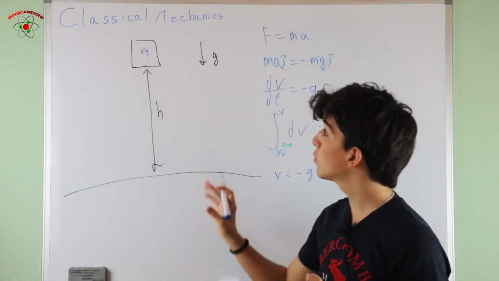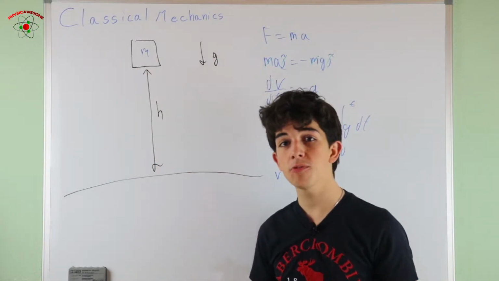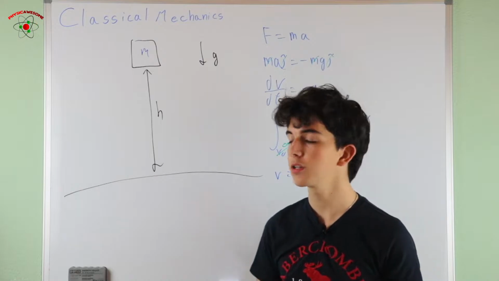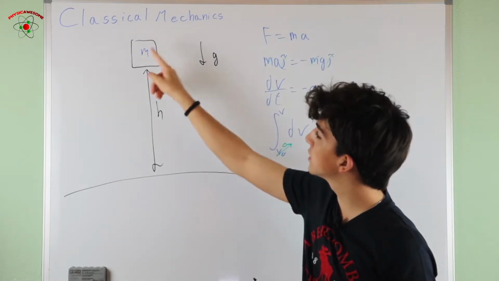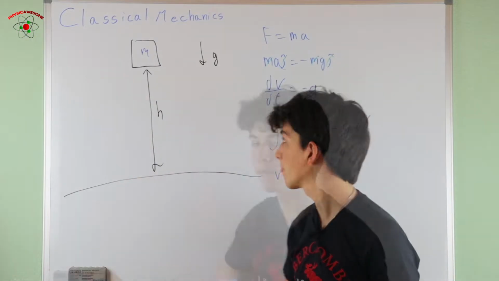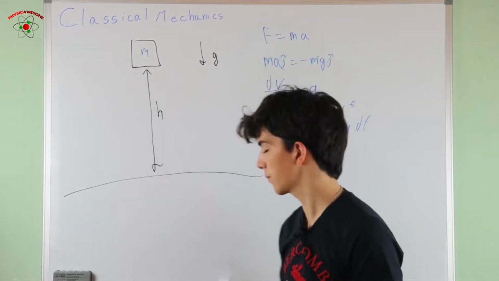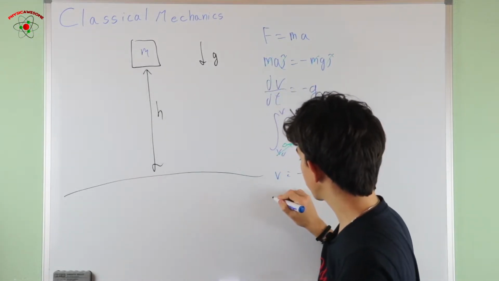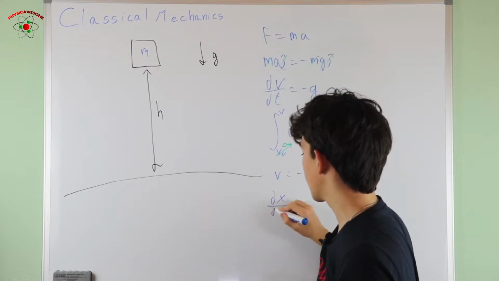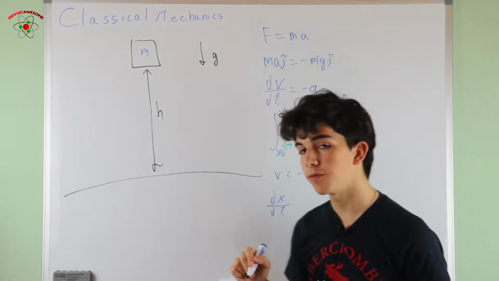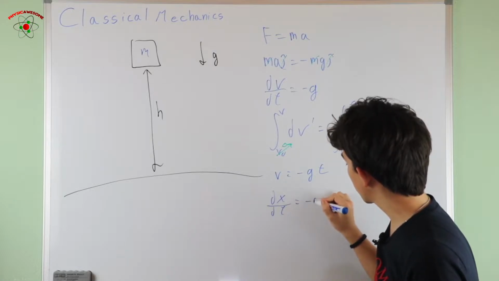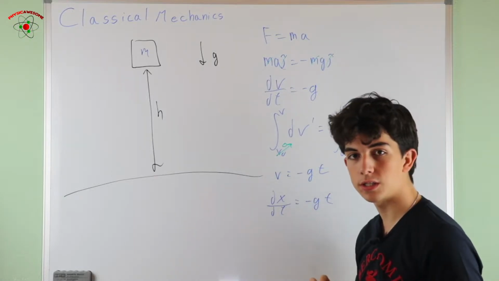But now we still need to know how much time it takes for this object to cover this distance h. To do so, we need to carry out integration one more time. We defined this velocity as dx/dt in one of our first videos, and we have this equal to minus gt.